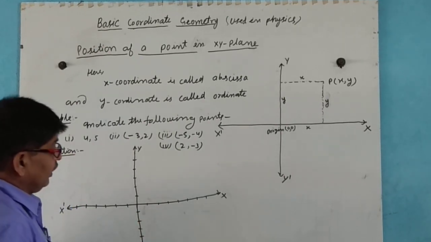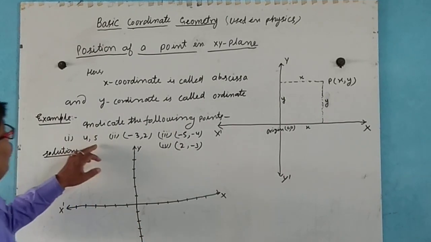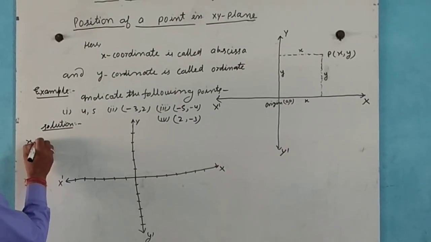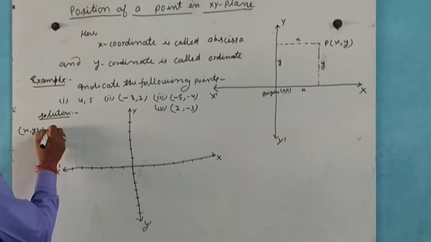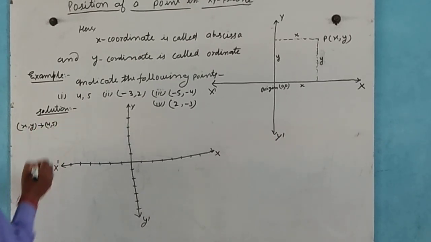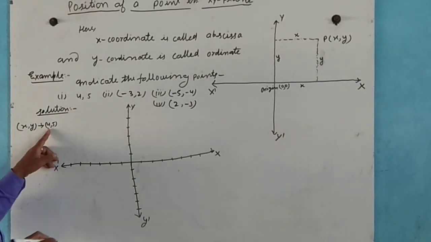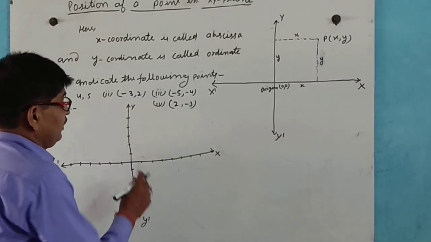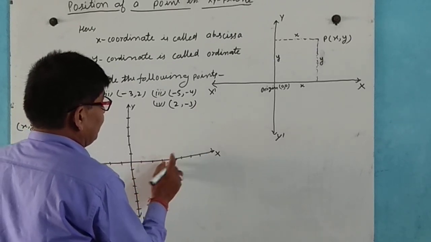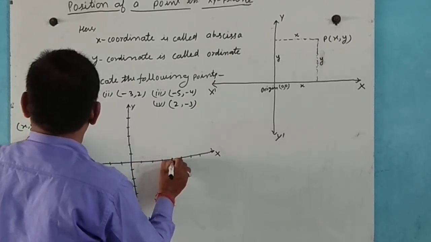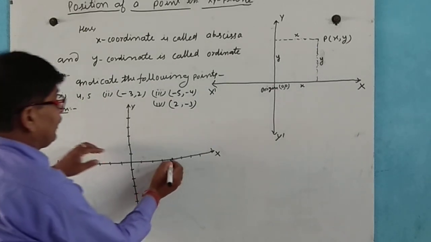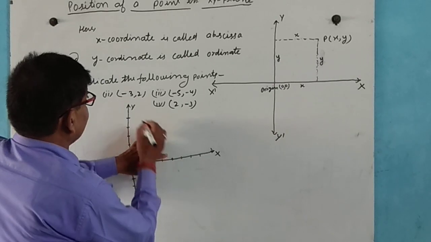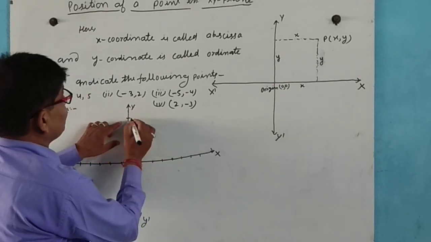Now we indicate the point (4, 5). The value of x is equal to 4 and y is equal to 5. Four is positive here: 1, 2, 3, 4 is this point, and y is equal to 5: 1, 2, 3, 4, 5.